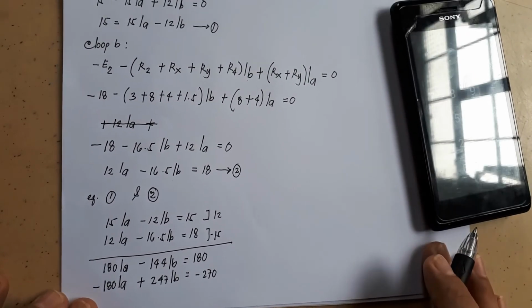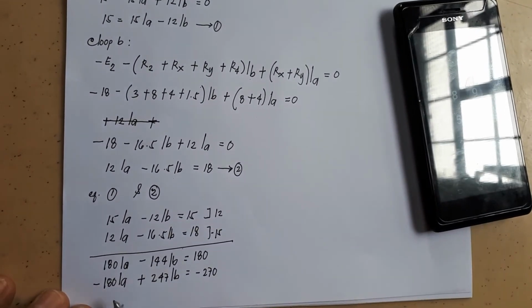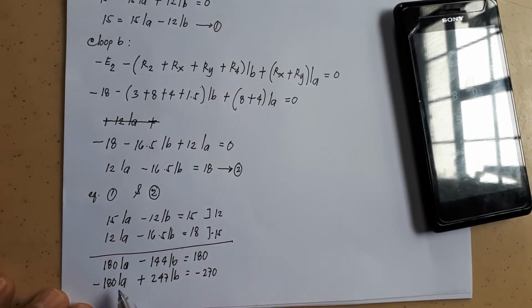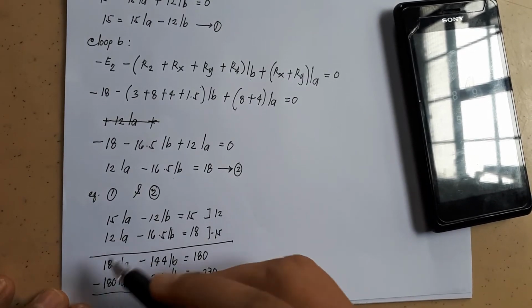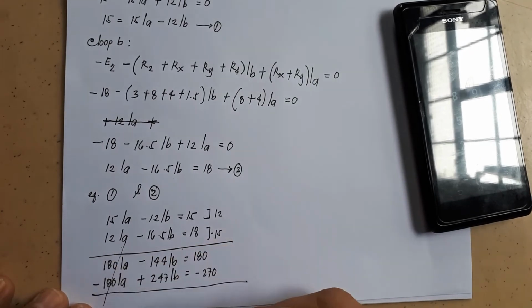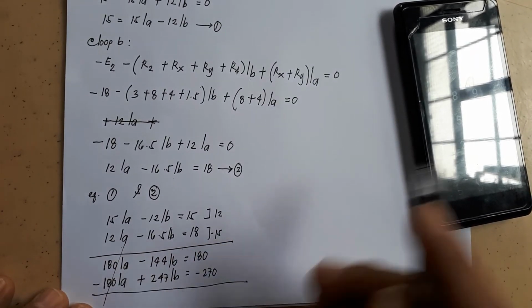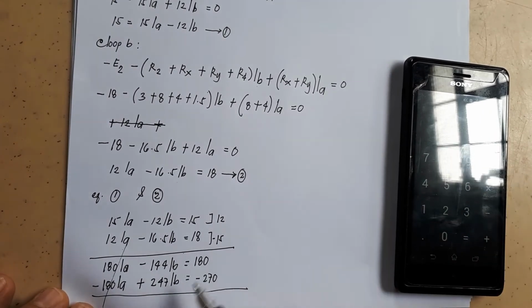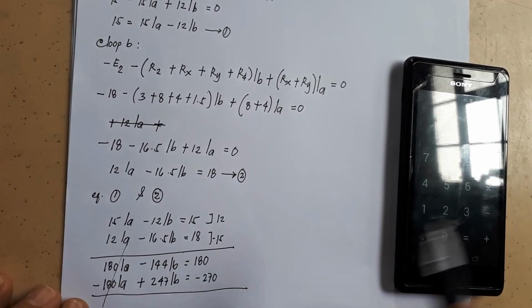So this is what I'm trying to show you, that when we multiply right away this one with negative, the sign here now will change and this turns out now 0. So what remains only now is this, the negative 144 and the single unknown IB.